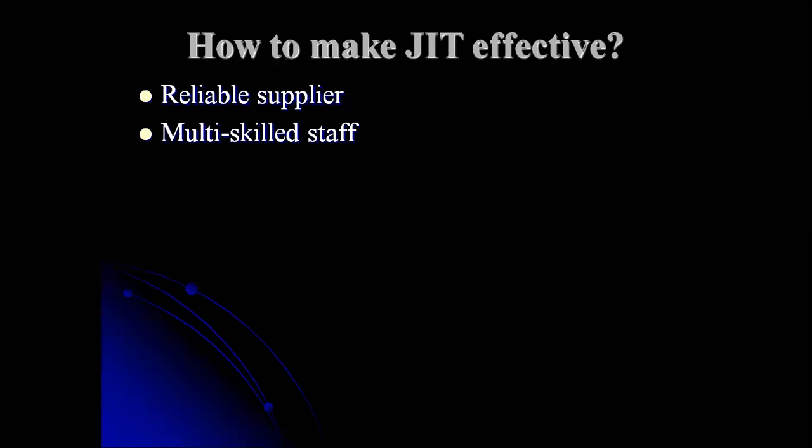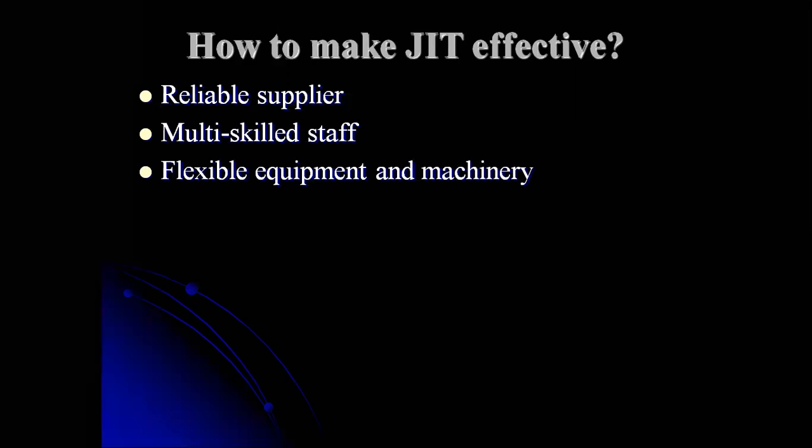So somebody needs to be there to perform that job as well. So for that, employee needs to be multi-skilled so that they will be performing their job as well and the job of their team member or colleague as well. Okay, so production won't stop.